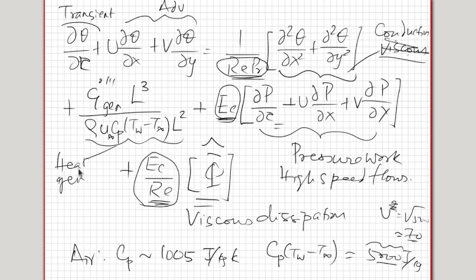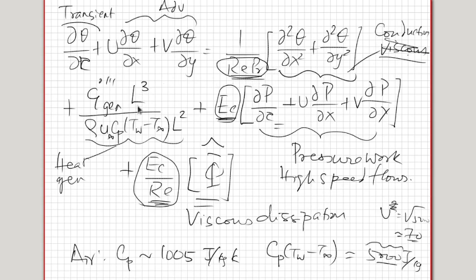So in the previous class, we looked at the governing equation in this form, where the transient term, the advection term and diffusion term of theta, which is the non-dimensional temperature, are on the left hand side. On the right hand side, you have the del squared theta by del x squared plus del squared theta by del y squared, the conduction term, divided by RePr.